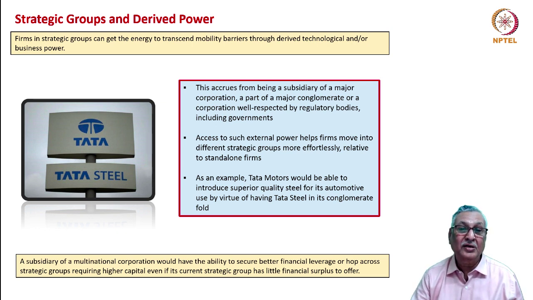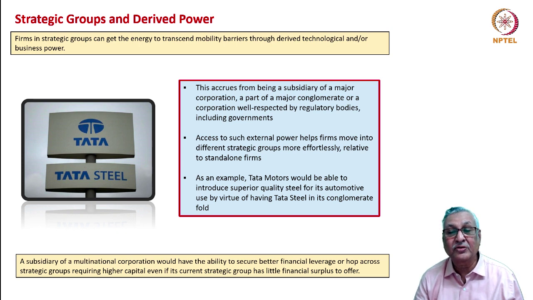If a big brand enters a new industry, that brand is welcomed because they believe it brings along certain strategic dimensions to the whole process of serving customers. Access to such external power helps firms move into different strategic groups more effortlessly relative to standalone firms.